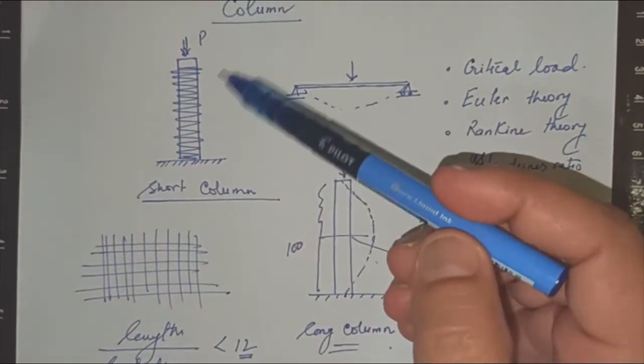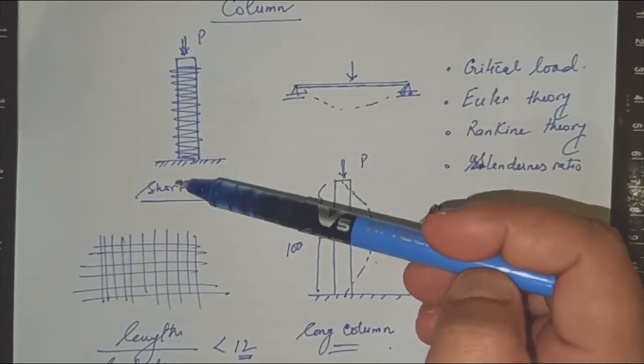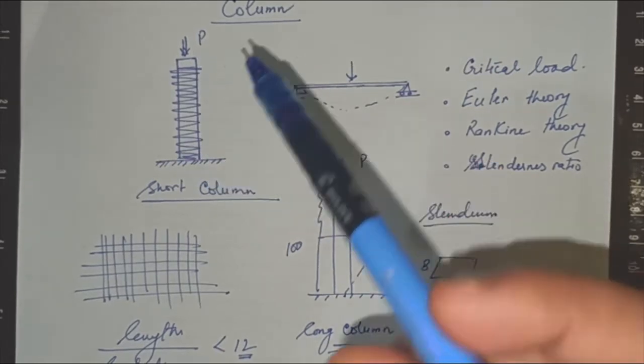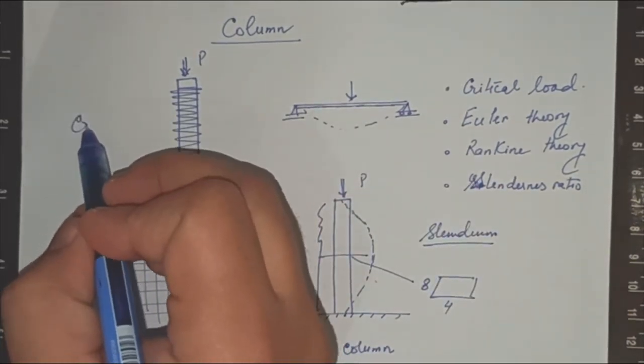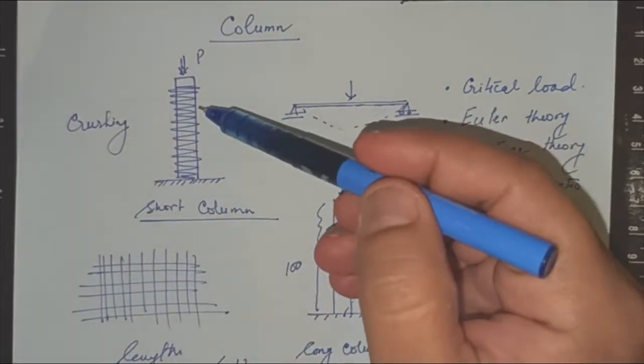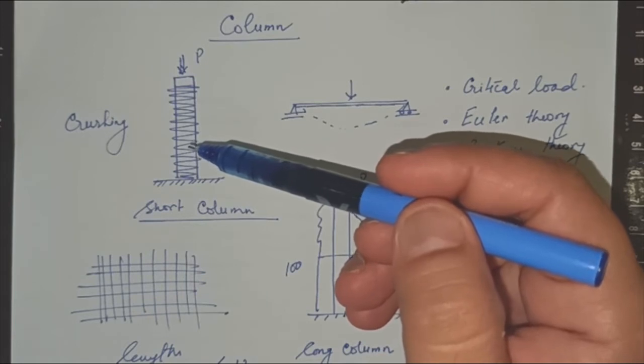If there is this type of vertical load on a short column, short columns usually fail by crushing. What is crushing? You have seen some buildings being crushed.